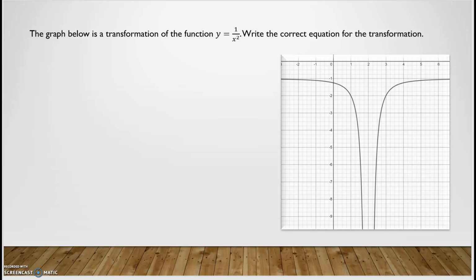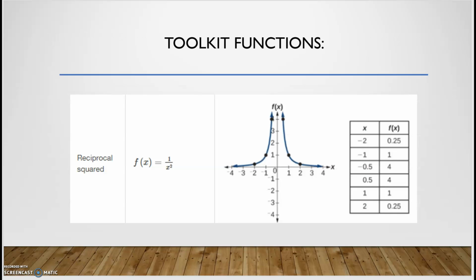And also notice you've got an asymptote at 2. So it looks like it scooted over to the right by 2 units. And also, let's go back and look at it again. The original function right here. It looks like the x-axis is also an asymptote for that one as well.